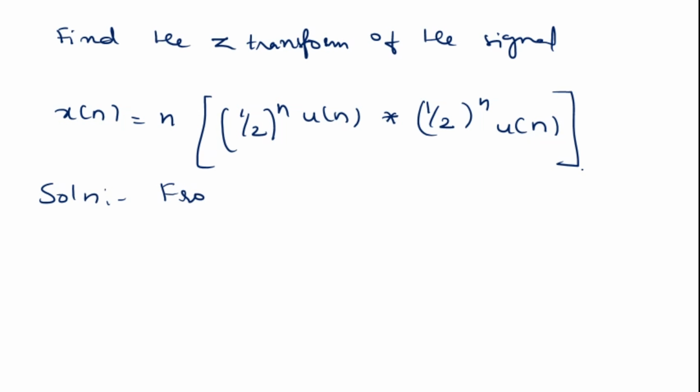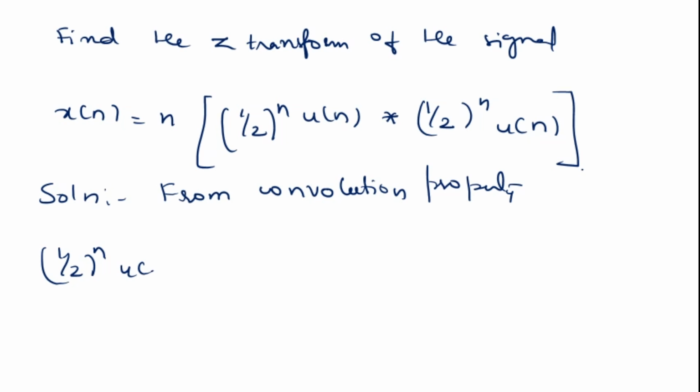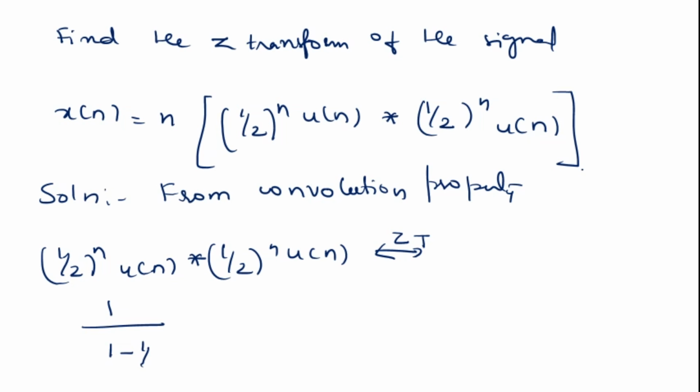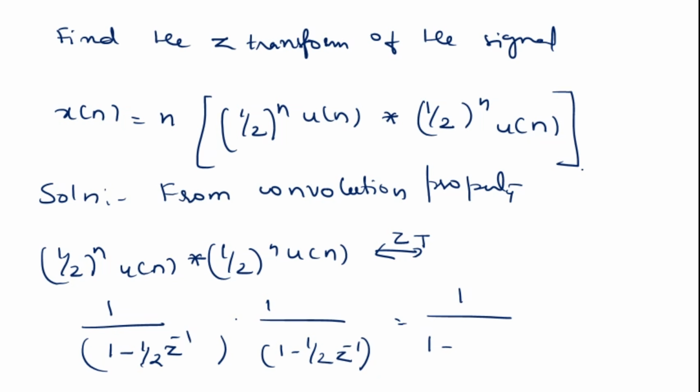From convolution property, we can write half to the power n into u of n convolution with half to the power n into u of n. If we take the transform, we get 1 divided by 1 minus half z inverse into 1 divided by 1 minus half z inverse, which is equal to 1 divided by 1 minus half z inverse square, with mod z is greater than half.